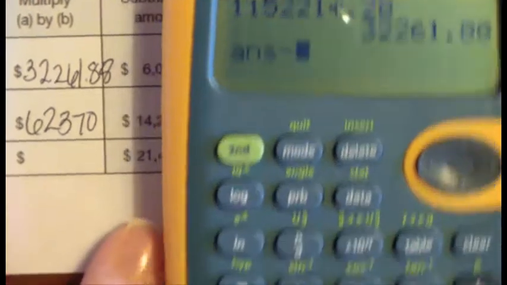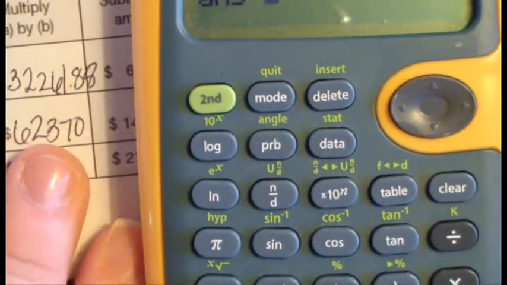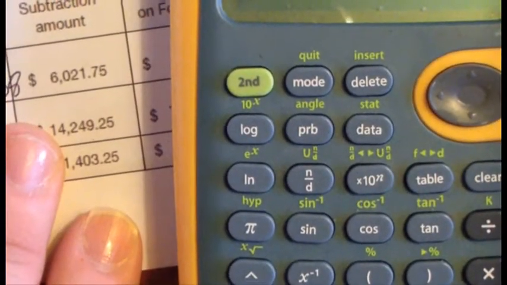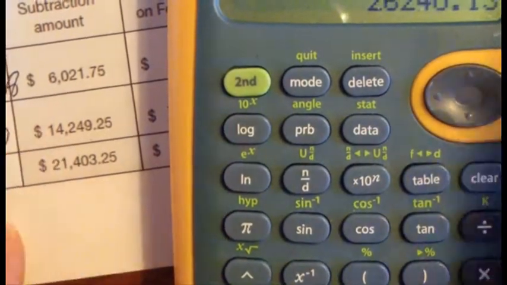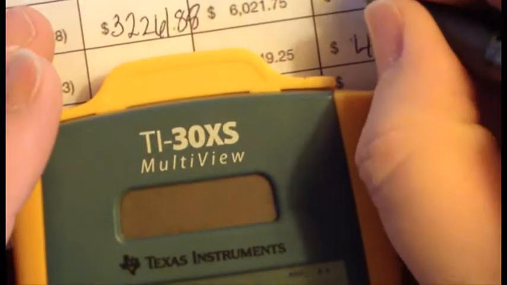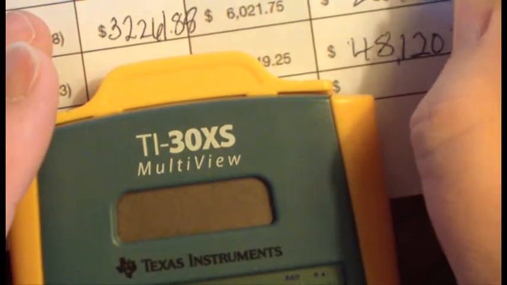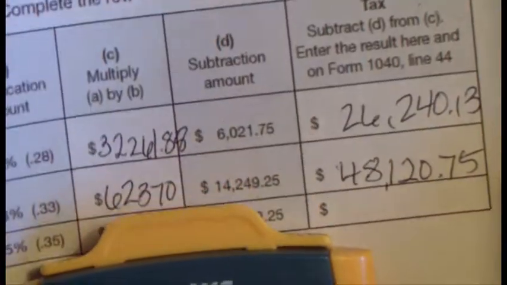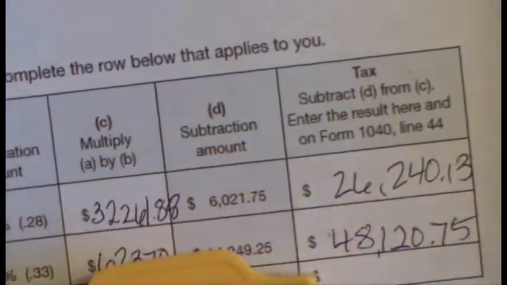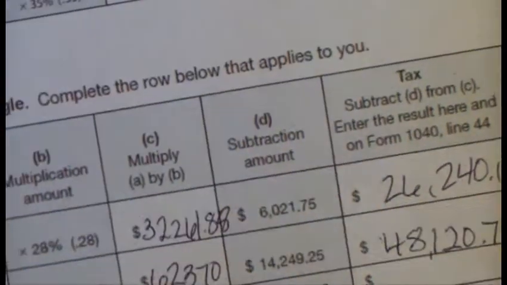So minus 6,021.75. So $26,240.13 is our tax.